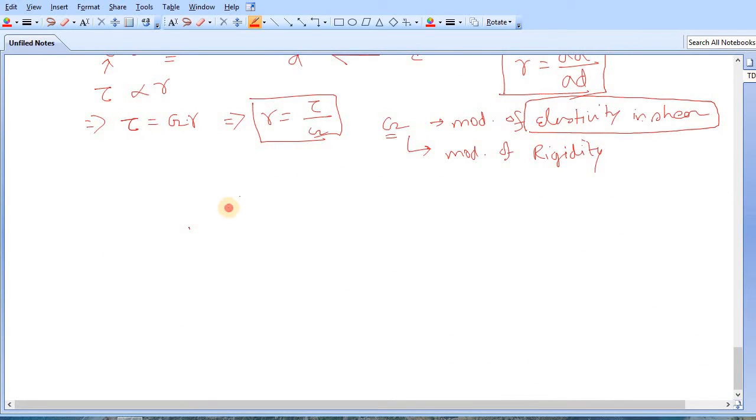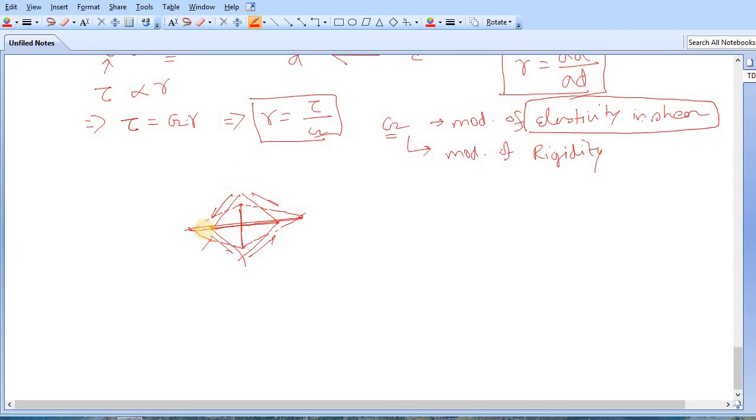Now here previously this was your actual shape, and after applying your shear stress like this, it has been changed into a rhombus or rhomboidal shape, okay. So I can say that the total deformation is a function of the enlargement of this diagonal and contraction of this diagonal.